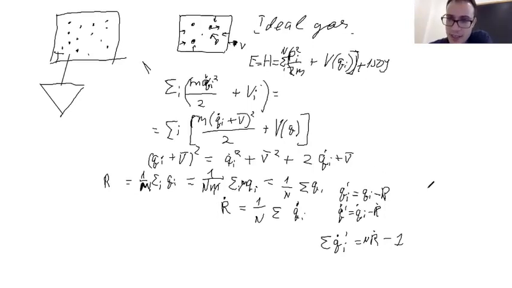So R was the sum of all coordinates, right? Then, if we already subtracted the coordinate of the center of mass from all coordinates, and try to compute the velocity, the primes give actually the center of mass for the new coordinates.